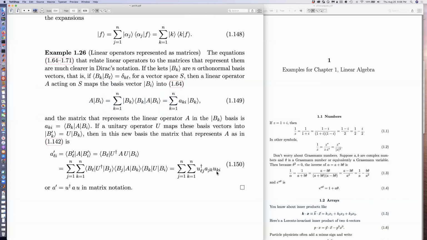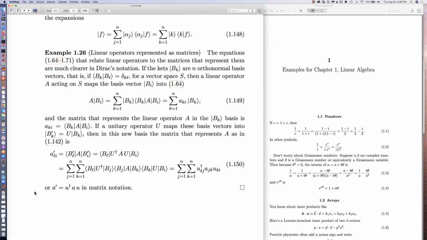Anyway, it's the U_ki matrix element, the jk matrix element of the matrix A, and the lj matrix element of the matrix U dagger. And in matrix notation, it's so much simpler. It's that A prime is U dagger A U.